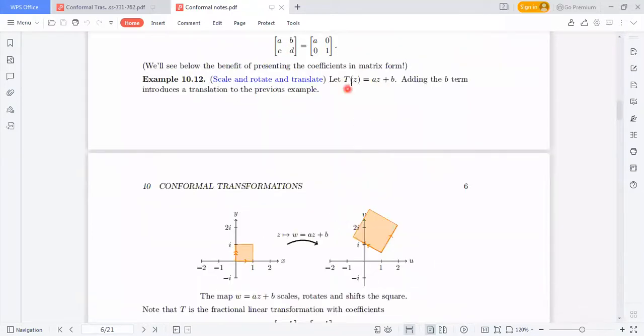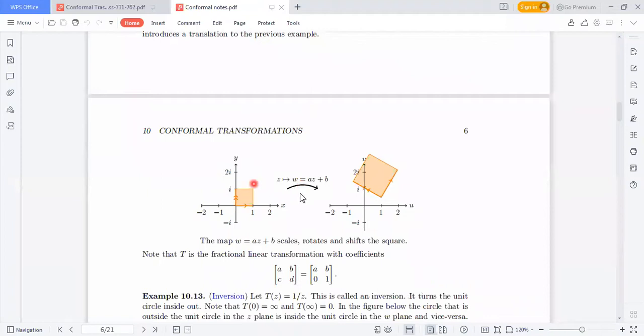Let the mapping be az plus b. Then adding the b term introduces a translation. By the definition in the previous lecture, we studied rotation, translation, reflection, and magnification. So az plus b adds a translation to the previous example.